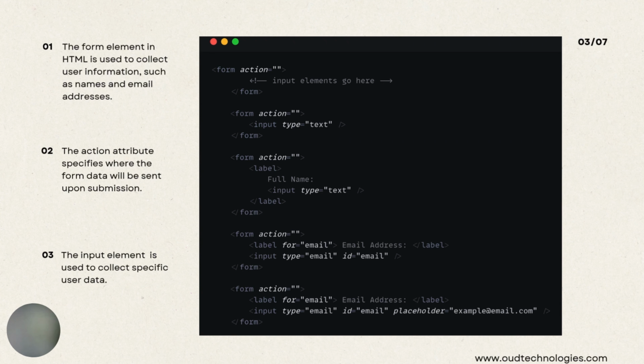So the next form element has a label element nested inside, and then an input element. So basically the label element just gives more information about the input, right? Or it basically labels what that input is for.